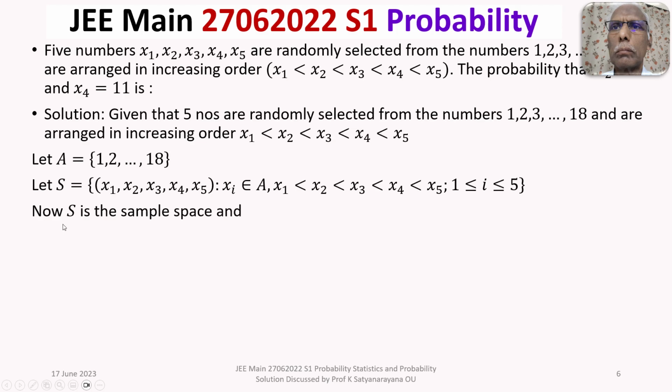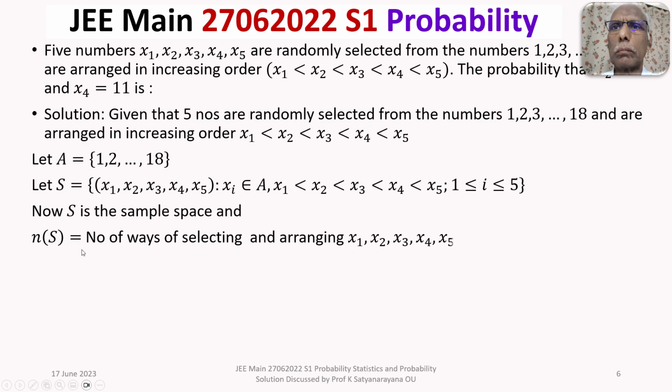Note that S is the sample space for our discussion, and n(S), the number of elements present in S, is the number of ways of selecting and arranging these numbers x1, x2, x3, x4, x5 from the set A in increasing order.